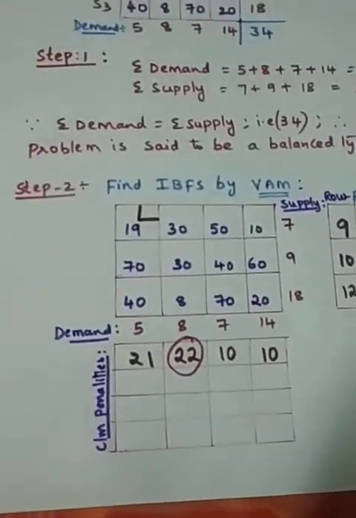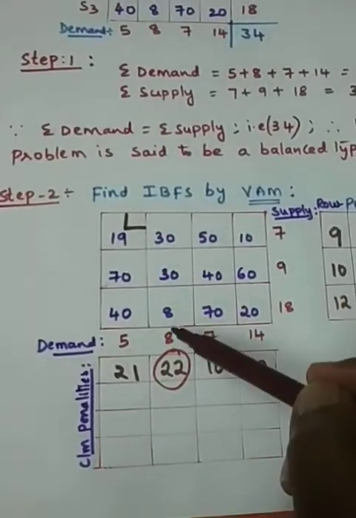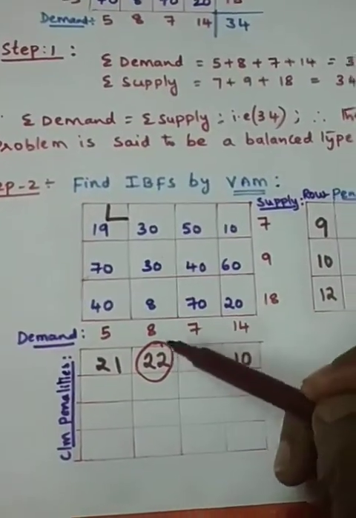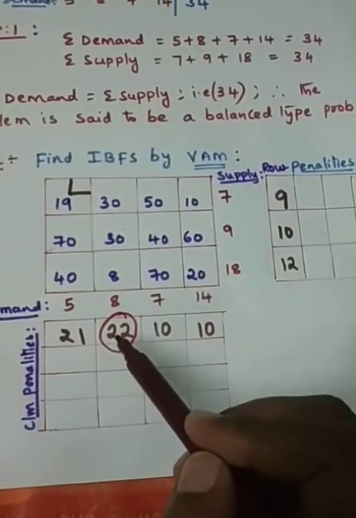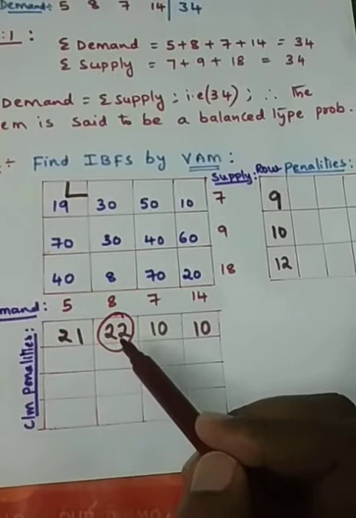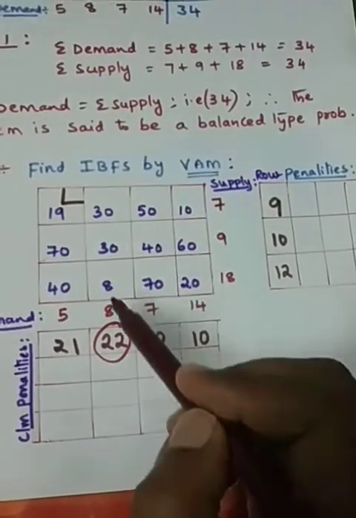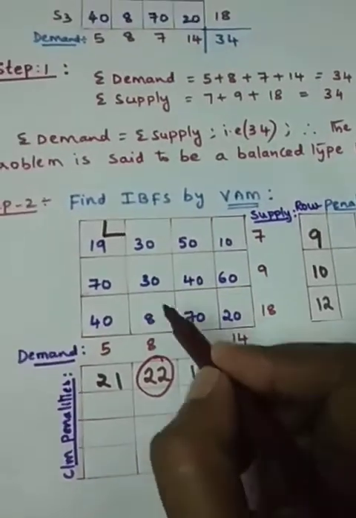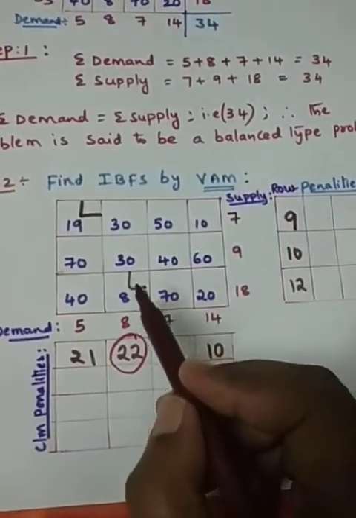Corresponding to this column, you identify the least value. The least among these three values is obviously 8. So I allocate in this particular cell.